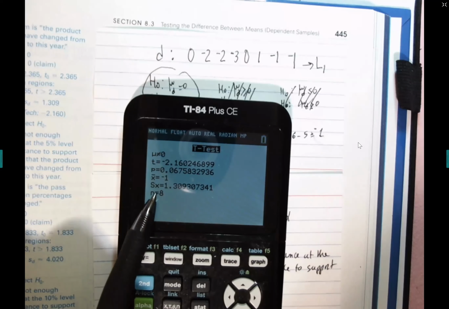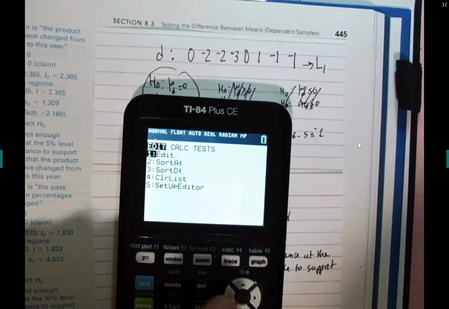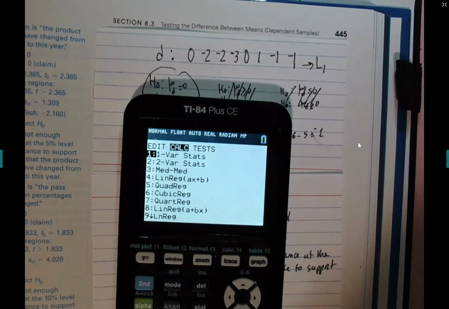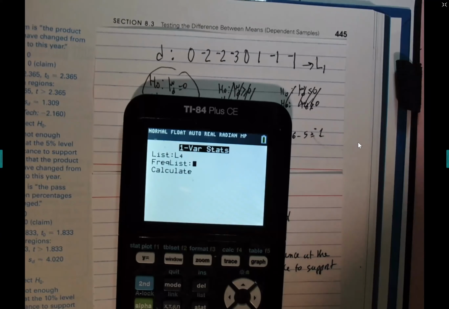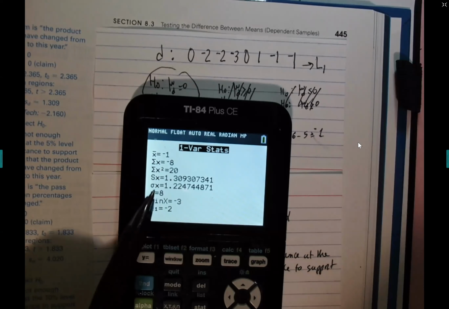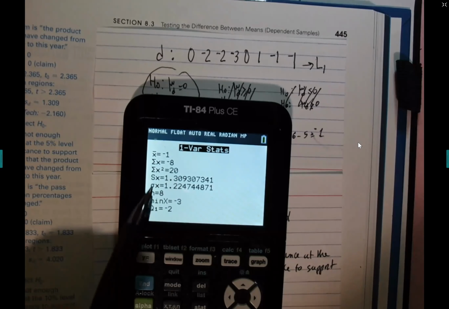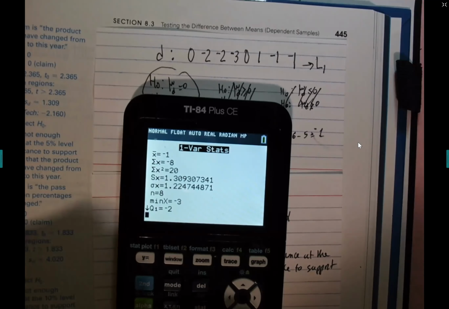They're done for you right here. So that's S and that's X bar. If you want to do them separately, you can. You can go to stat calc, if you remember from chapter 2, guys. One variable statistic, and it's L4. And watch, we're going to get the same thing. That's X bar, which is -1. And that's S, the standard deviation, 1.31. We don't look at sigma because we know that this came from a sample.